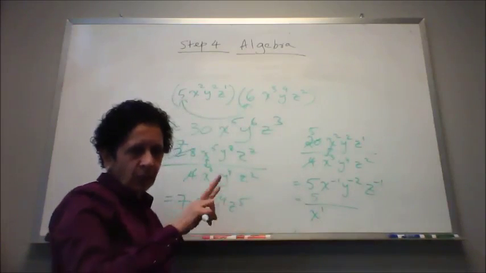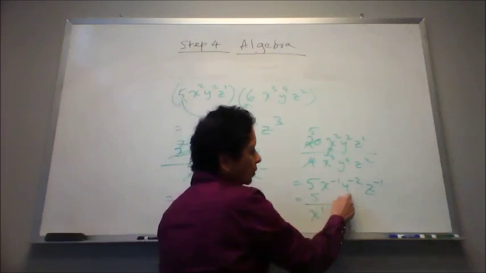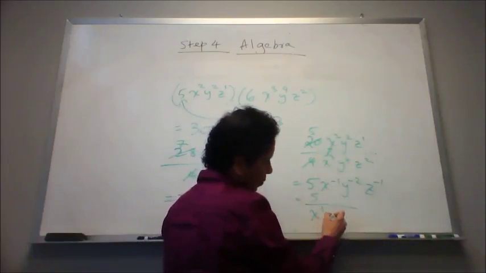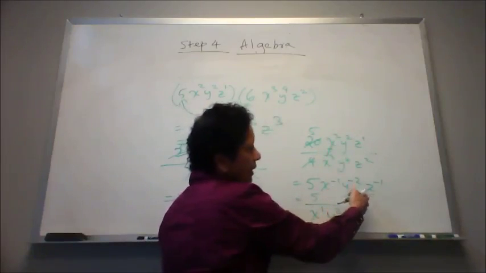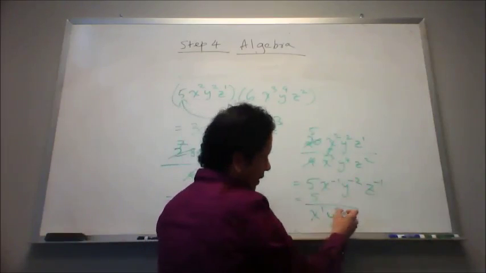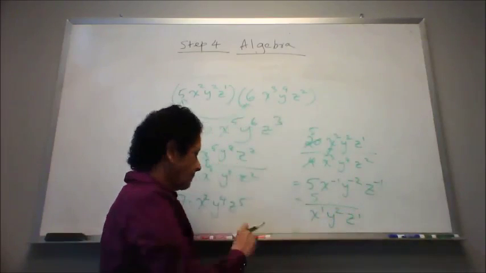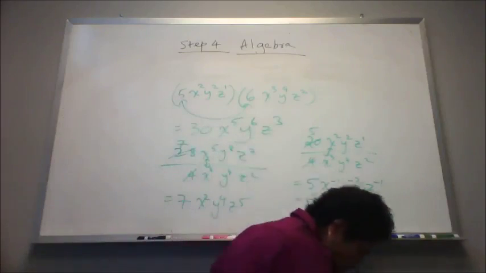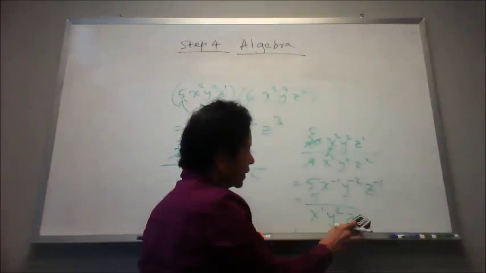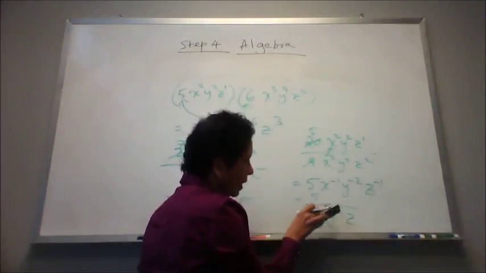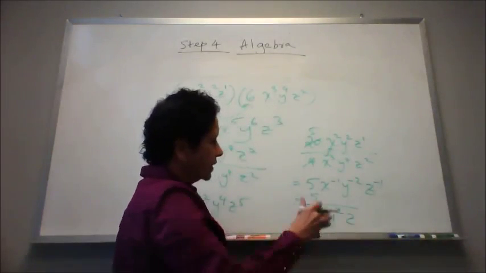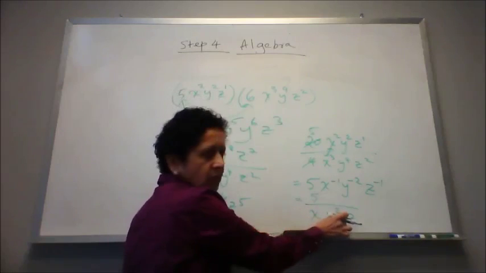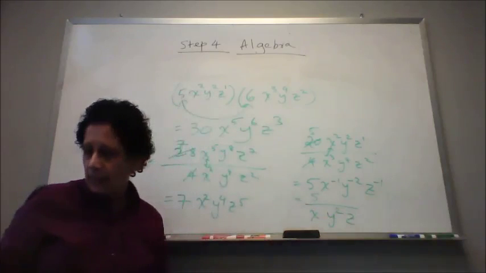If you move it, the exponent's sign changes. Y to the minus 2, when you bring it down, y to the 2. Z to the minus 1, when you bring it down, z to the 1, okay? Then we generally don't write x to the 1, z to the 1 like that. So you can just take that 1 out, so that's the answer. 5 divided by x, y squared, z, okay?